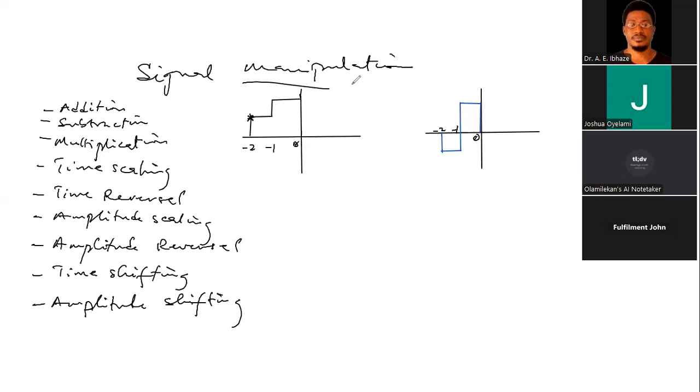Then at 0, I equally have a point here. So let's assume this is 0, 1, 2. Then this is 0. So let's say this is 2. Okay. So I have 2 plots here.